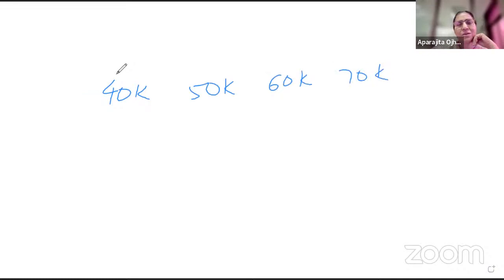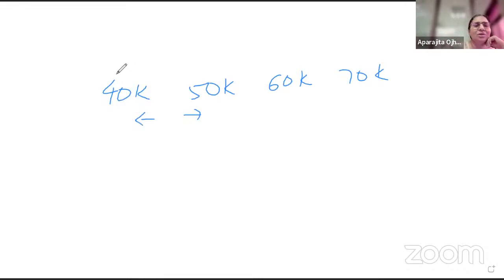Suppose my salary is say 40K, maybe close to 40K, close to 50K, close to 60K, close to 70K, right? So accordingly, if it is say 45 and above, it will come this way. If it is below 45, then it will come this way, right?